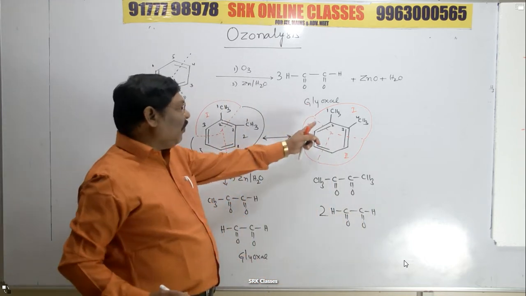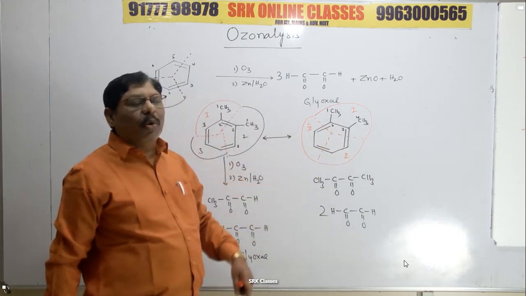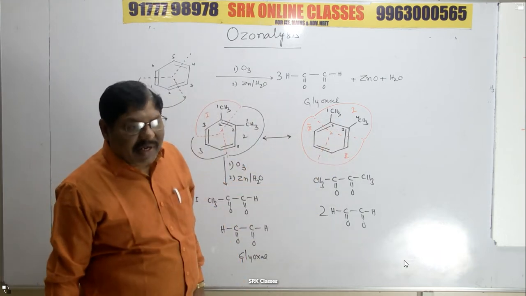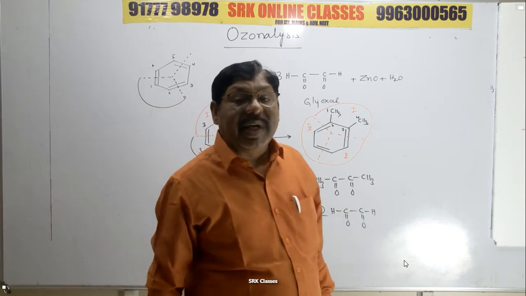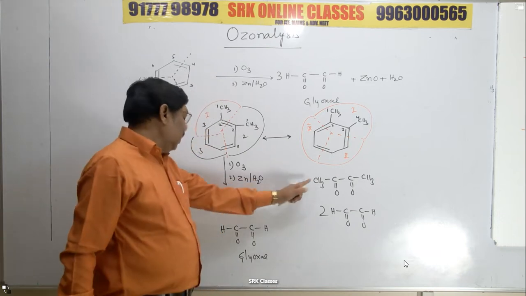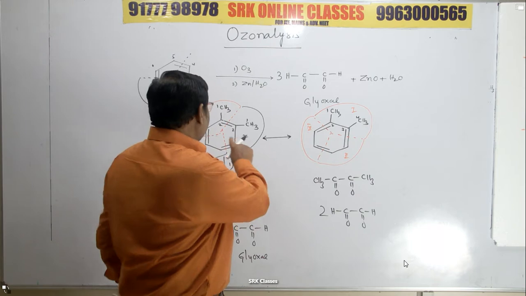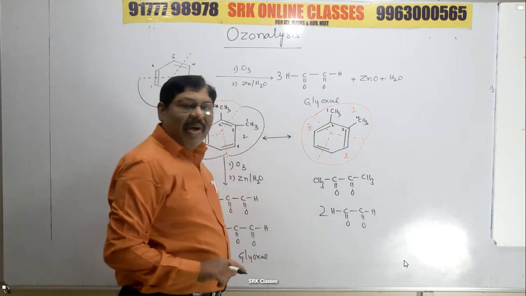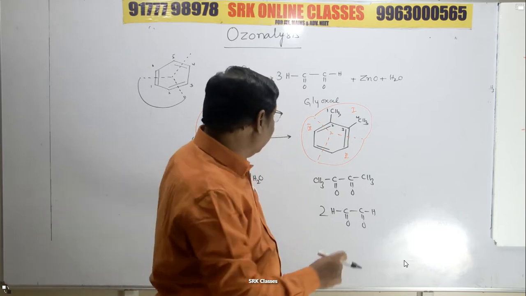Suppose the structural formula of orthoxylene is the second one; once again you are getting only two products. But what are the final products of ozonolysis of orthoxylene? It produces three types: dimethyl glyoxal, methyl glyoxal, and glyoxal. That clearly indicates orthoxylene has two resonance structures. If it had one resonance structure, only one product would form.